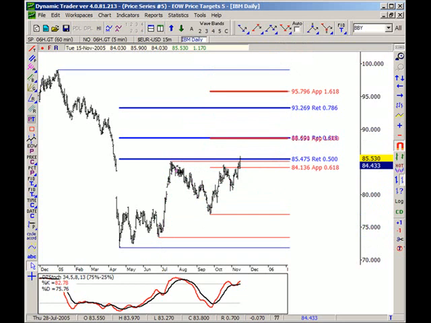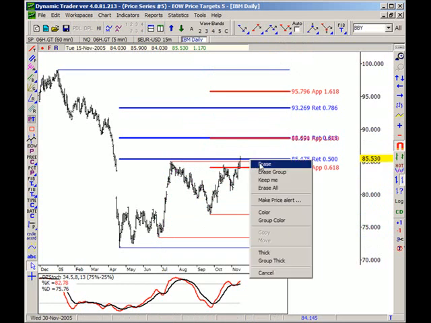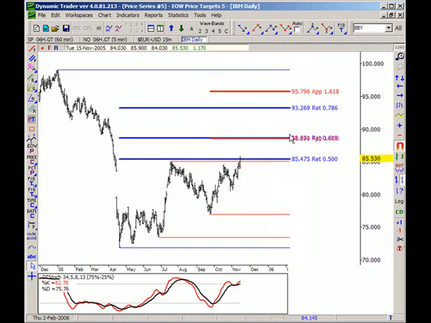And the 62% is below the last high, so we can just take that out. And the 100% is overlapping with the 62% internal retracement.